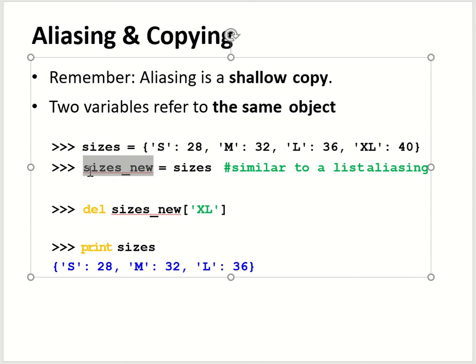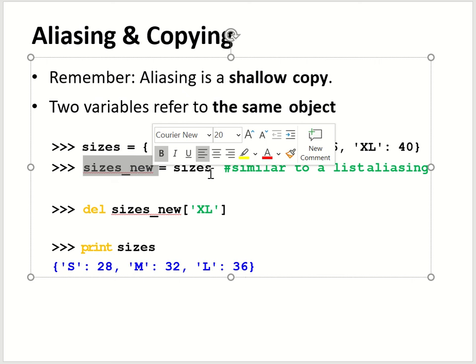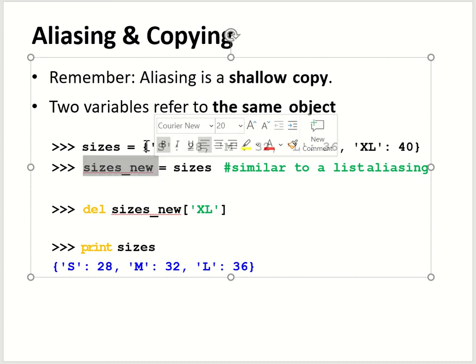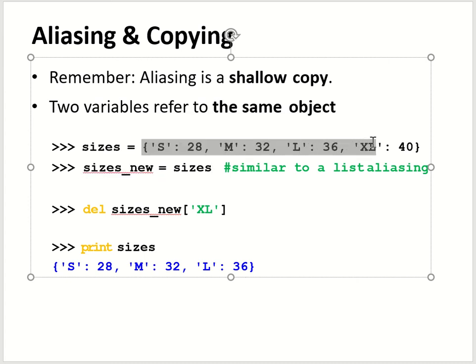So if you tried to create sizes_new by assigning it all the values that are currently assigned to the variable sizes, and then delete one of the items, it would affect the original dictionary. So sizes_new = sizes is not creating a new object in memory. It's simply creating a new variable name to reference the same object.